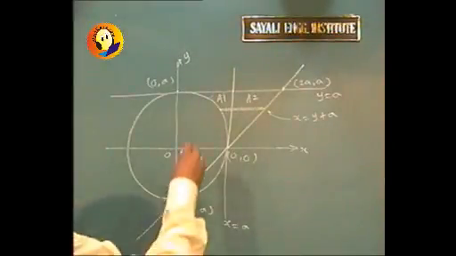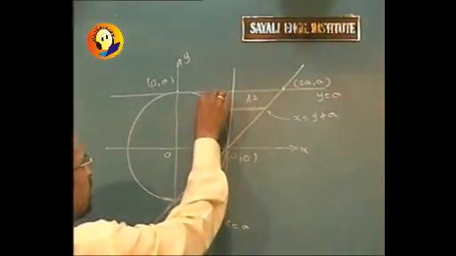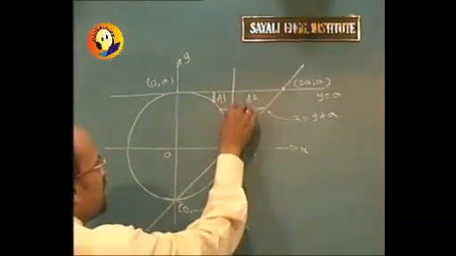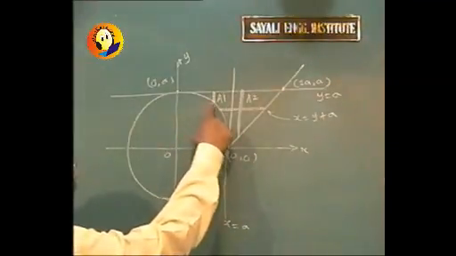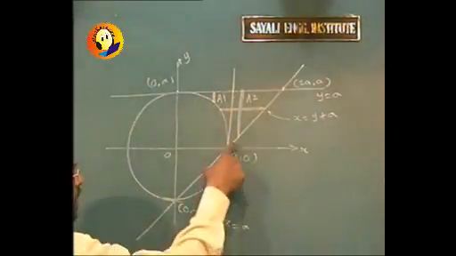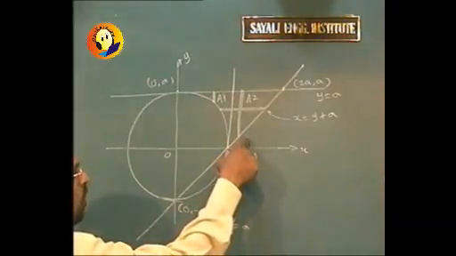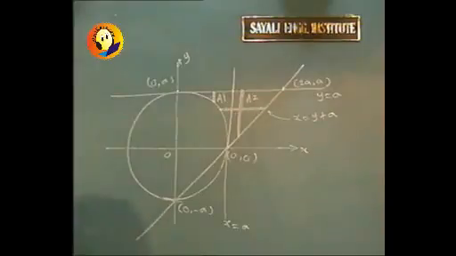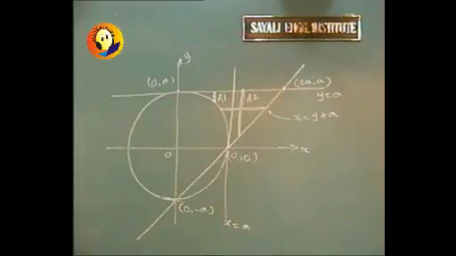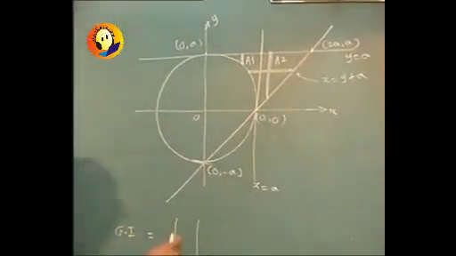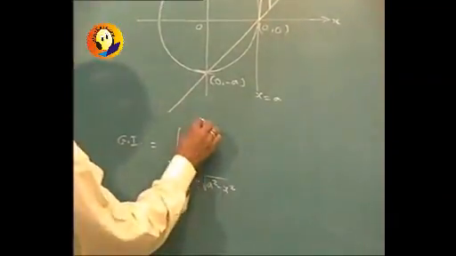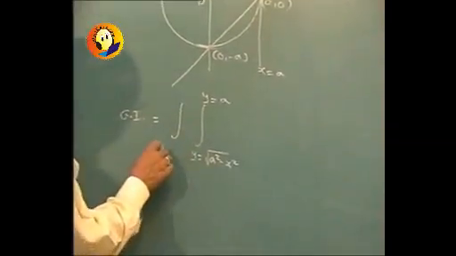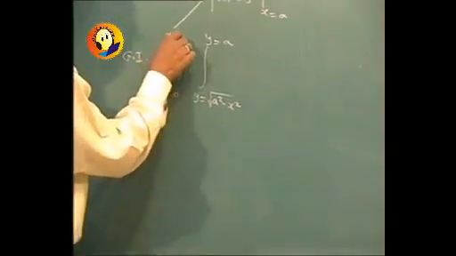We will be taking strips parallel to the y-axis in area 1 as well as in area 2, and the two types of strips are different. In area 1 it is from the circle to the line y equal to a, whereas in area 2 it will be from the line x equal to y plus a to y equal to a. And so the given integral will be equal to the double integral with y from the circle, that is under root a square minus x square, to y equal to a, and such strips are taken from x equal to 0 to x equal to a.